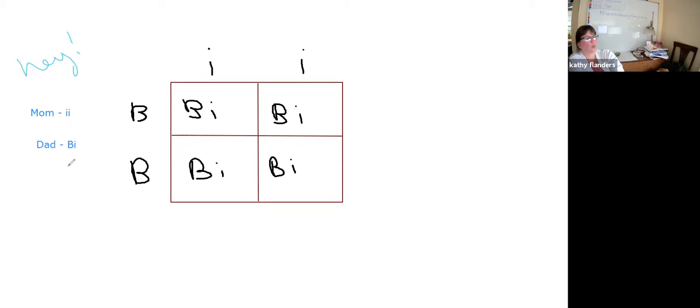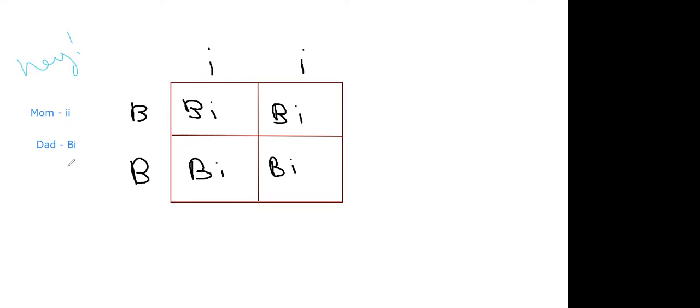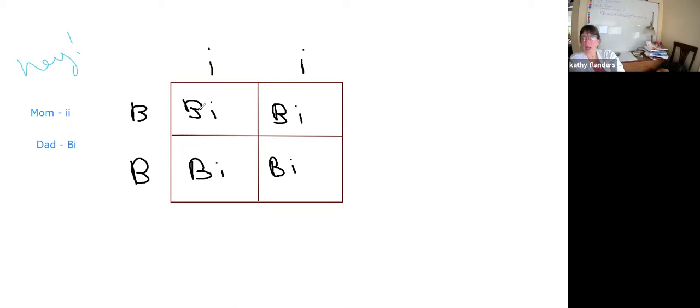Because the question was, their child is type O. So based off of what blood type the child is, depends on how we tell what blood type the dad is. Right, because this isn't possible to have a type O child, right? So if it's not possible here to have offspring that are type O, then we know that this cannot be dad's alleles, right? One of them has to be our little I.